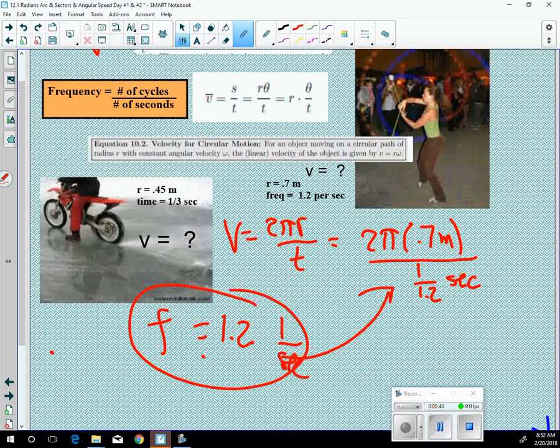Do you see that if the frequency is 2 1 over seconds, what will the time period be in seconds for one loop? 1/2, right? See, this is saying in one loop it takes a second. Here it's saying in 1 second you can do one loop. See how that works? So if you can do 1.2 loops in 1 second, for 1 second, it's 1 over 1.2.